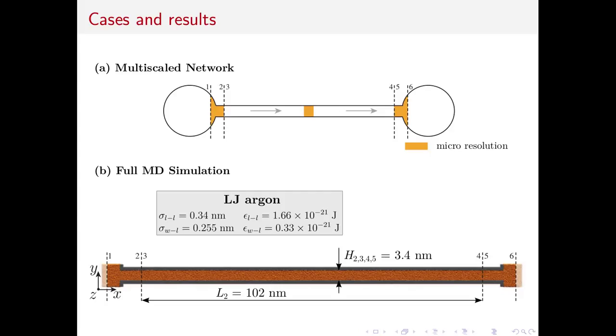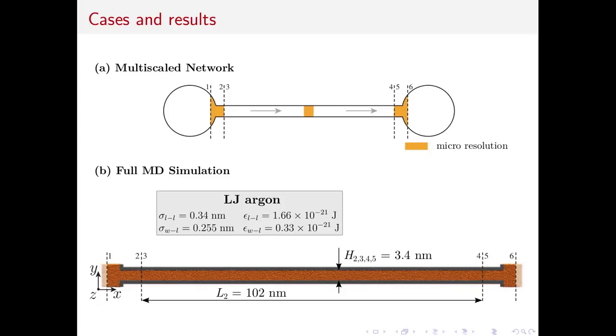So moving on, figure B shows the setup for the full molecular simulation, and for this work we've chosen molecular dynamics to be the solver of choice, also known as MD. The fluid is dense argon, the walls are comprised of frozen argon atoms, and all the molecular interactions are modelled with a simple Lennard-Jones potential, the parameters of which you can see in the grey box.